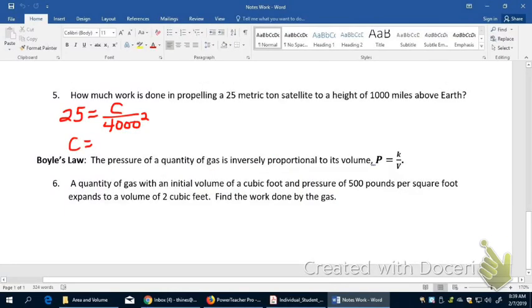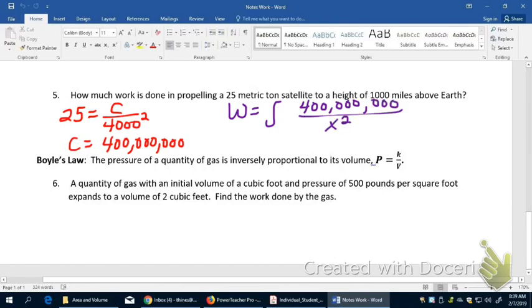So you start off by plugging in the 25 and the 4,000. And you should get 400 million. And then we do the work equation, which is the integral of 400 million over x squared. And what would the integral be from? So 4,000 to 5,000.